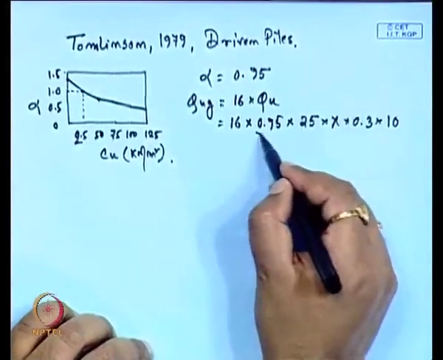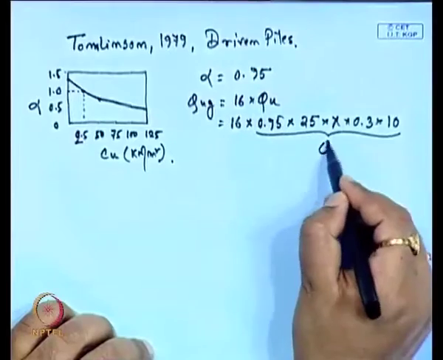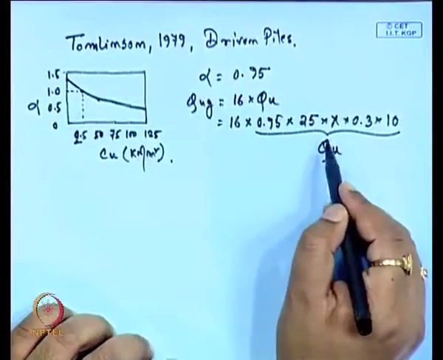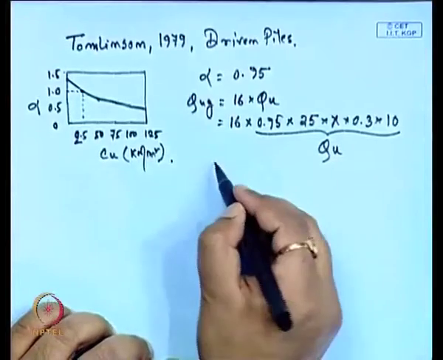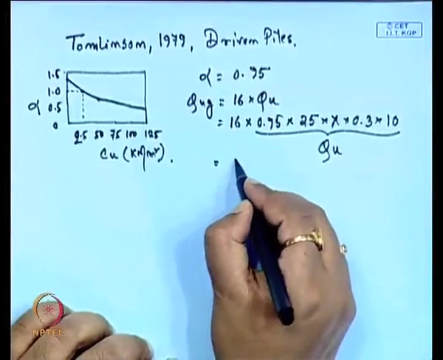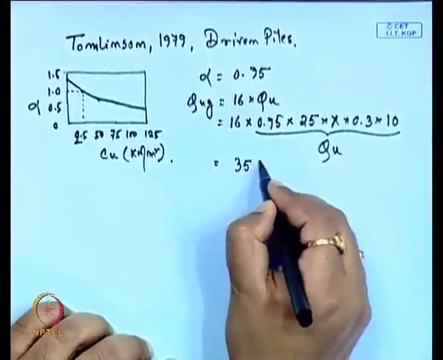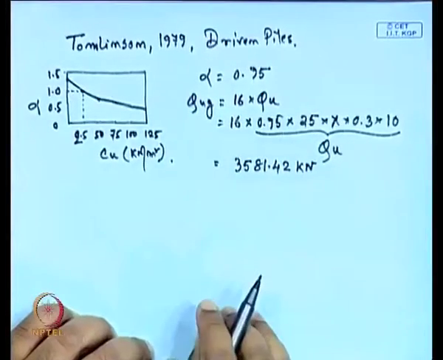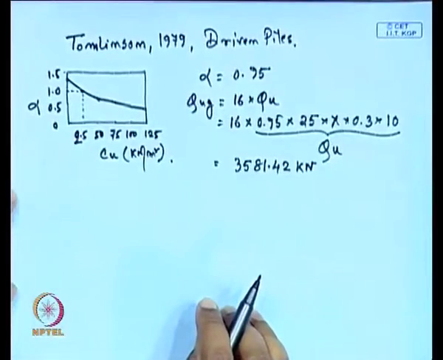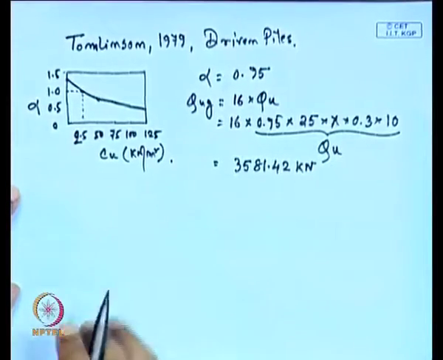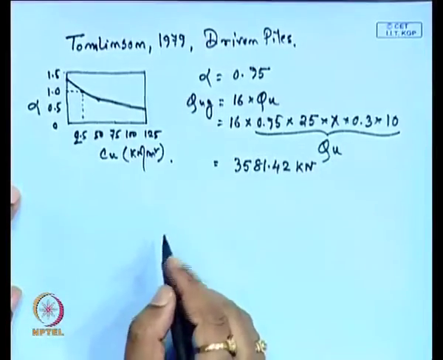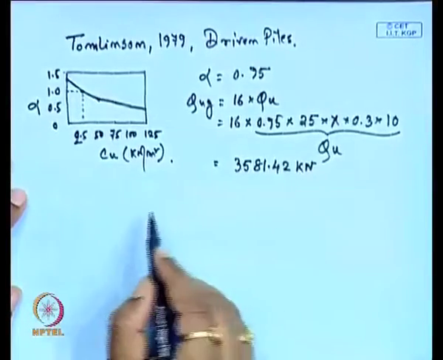This total thing is equal to the ultimate load carrying capacity of the individual pile. So, the total load carrying capacity is 3581.42 kilonewton. That is the load carrying capacity of the piles in the group. All the calculations here are for the compressive load carrying capacity of the pile.